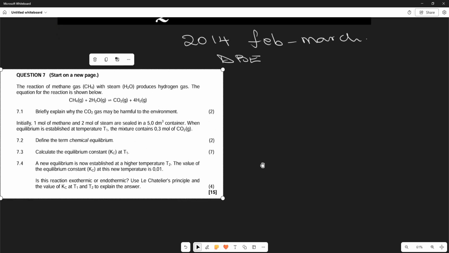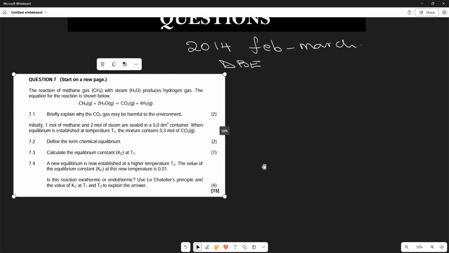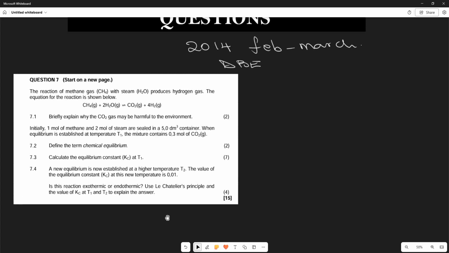So here's the question. It says that the reaction of methane gas, CH4, with steam, H2O, produces hydrogen gas. The equation for the reaction is shown below.